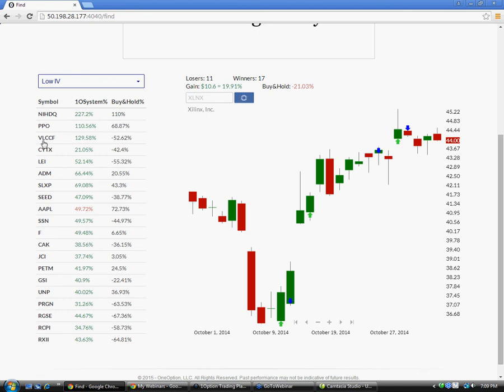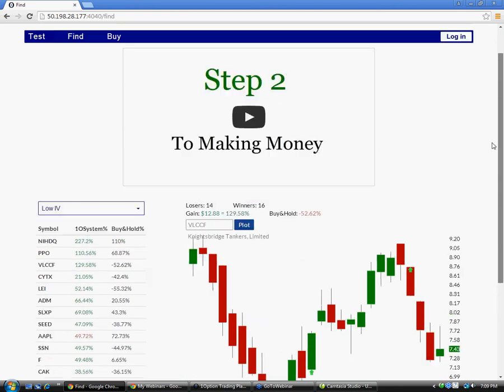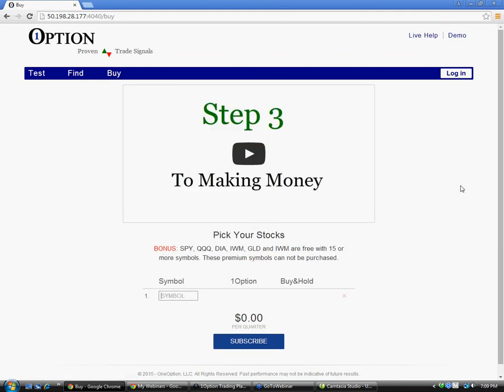And when you do click on a symbol, it will also bring up the name of the company. So if you're not familiar with that symbol, you'll be able to see how many trades it's done, the number of winners, number of losers, the gain, the percentage gain, and how you would have done with a buy and hold strategy.